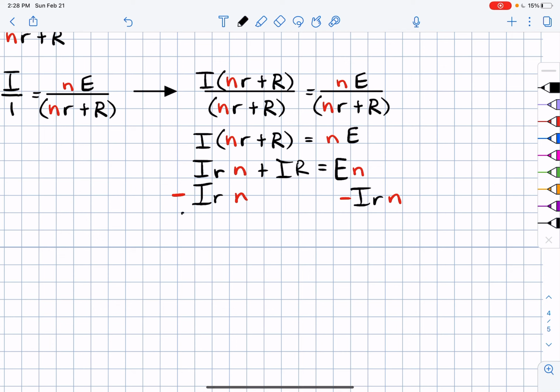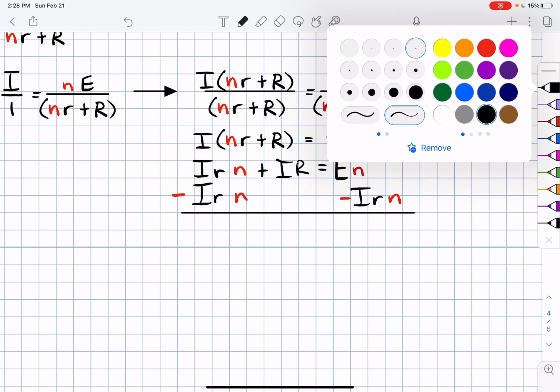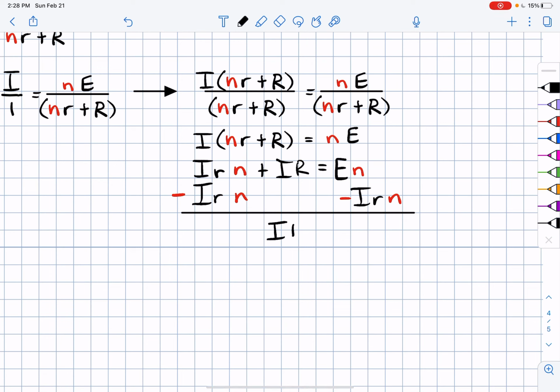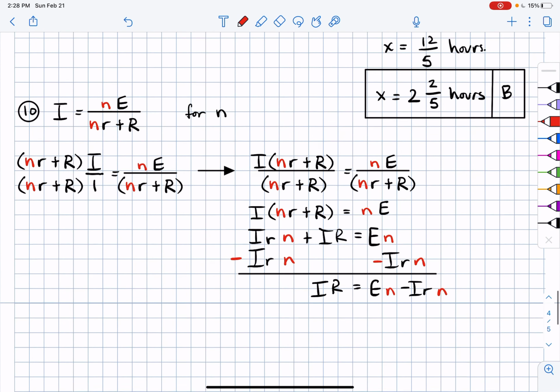Okay, what do I get? I get I R equaling E n minus I R n.